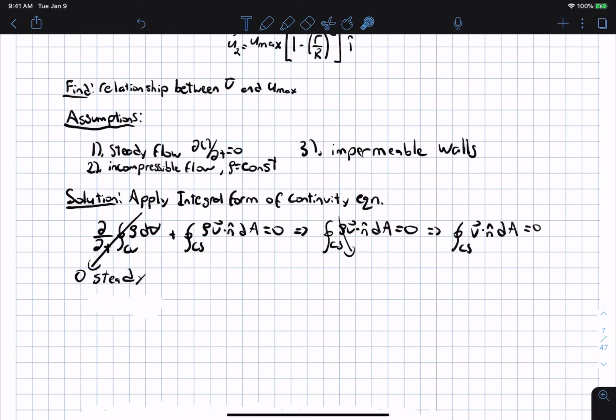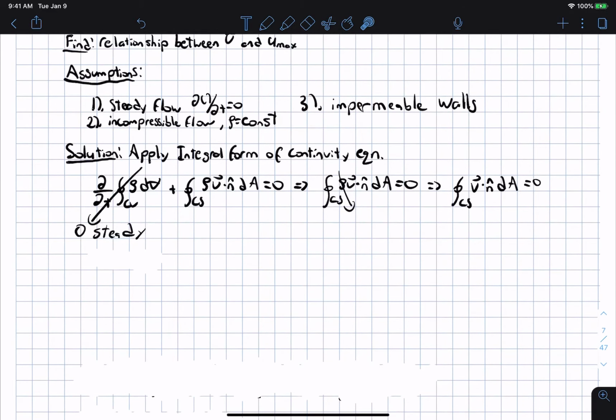Okay, and so with these types of problems, I expect to see a control volume every single time. Okay? So we draw a control volume. Okay, and so our control volume is quite simple. It's just a rectangle. It's actually a cylinder, but I'm not going to draw that, so I'll just draw a rectangle.